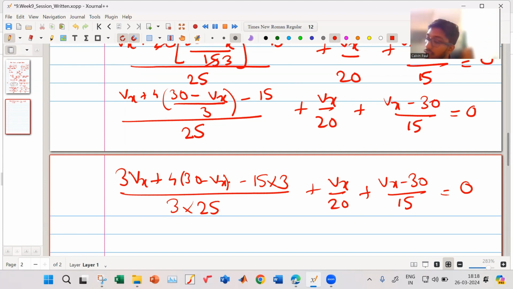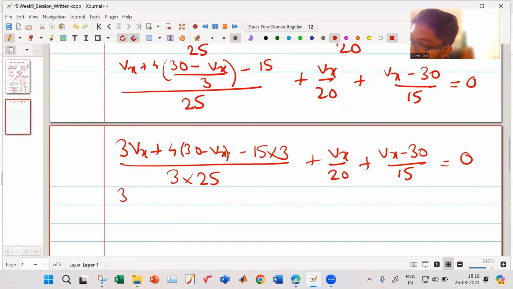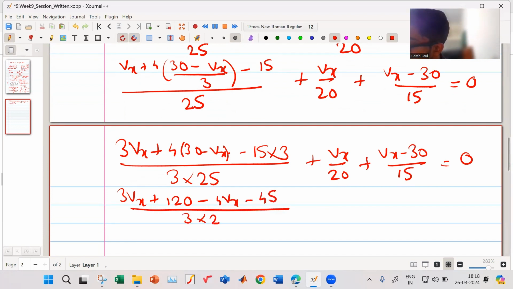Any queries in this? No, sir. Okay, so this becomes 3Vx plus 120 minus 4Vx minus 45 divided by 3 into 25, plus Vx upon 20, plus Vx minus 30 upon 15 is equal to 0.